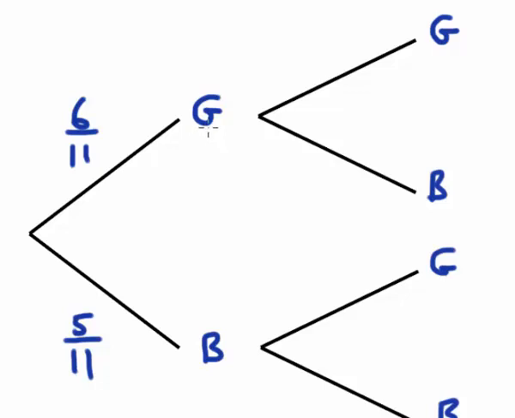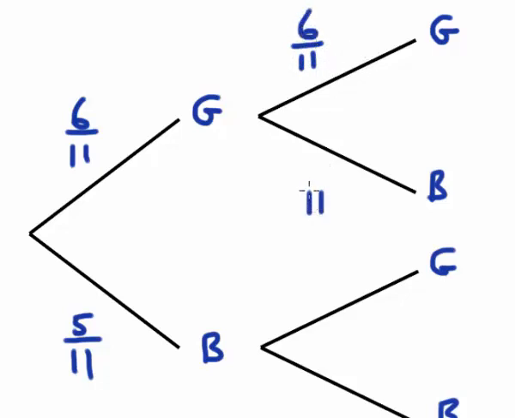In the first event, Mbuyi picks a pencil off the table. It could be green or blue. 6 out of 11 for green, 5 out of 11 for blue. Those are the probabilities. But then he puts the pencil back. So when he does it a second time in the second event, there are still 11 pencils. And what is the chance of getting a green then? It's still 6 out of 11.